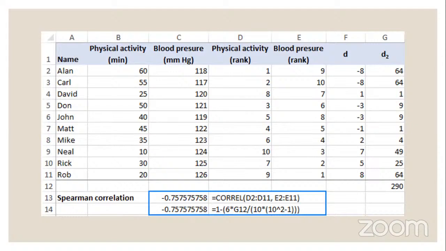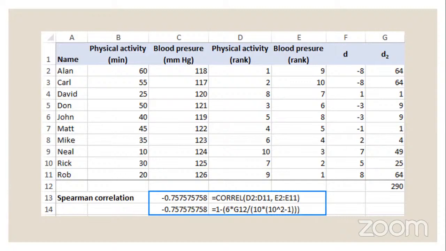This is just for understanding; this is not the test-retest data, just an example. Here we can see physical activity and blood pressure. These are the two kinds of data, and we are assigning ranks to each.